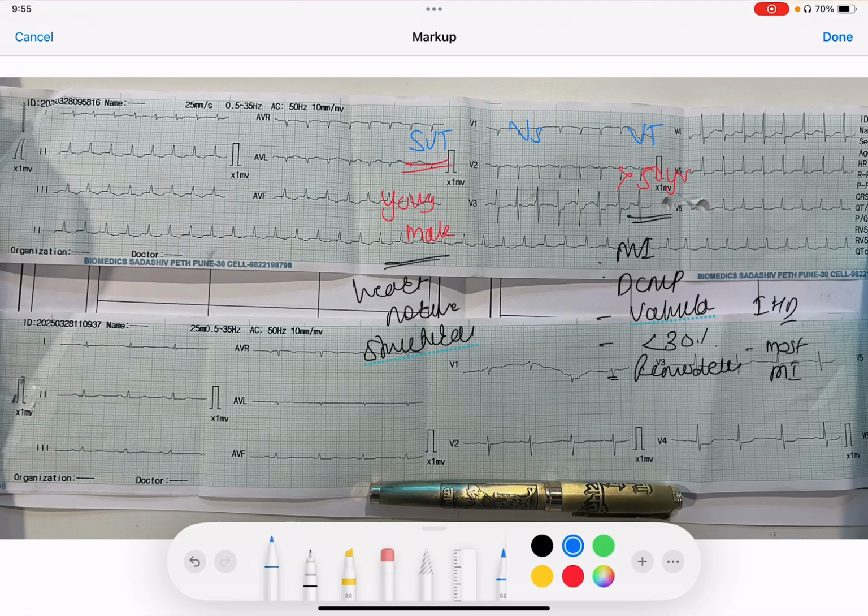Supraventricular tachycardia can have a very good outcome and is almost always stable, most of them very stable, whereas ventricular tachycardia is almost always unstable.